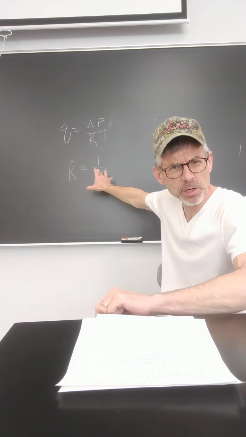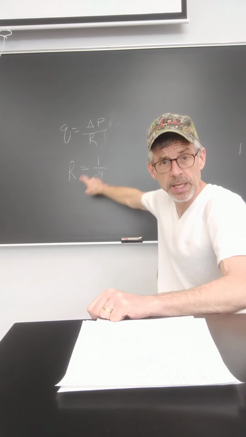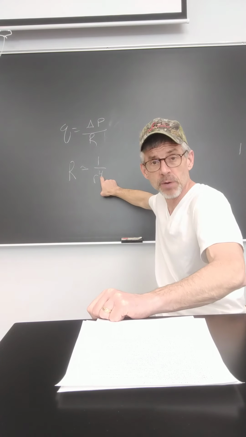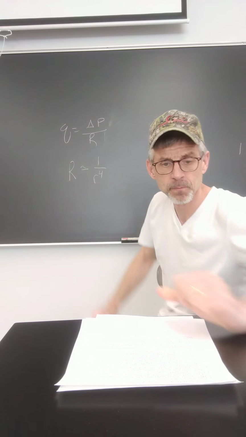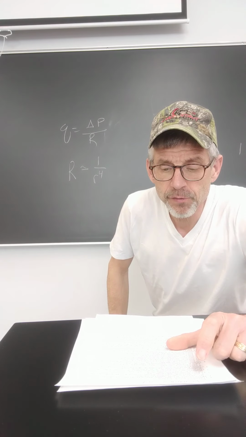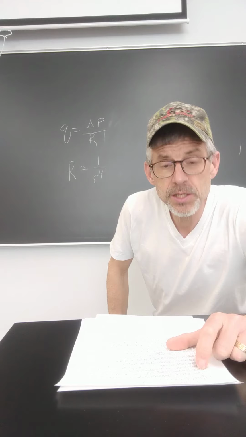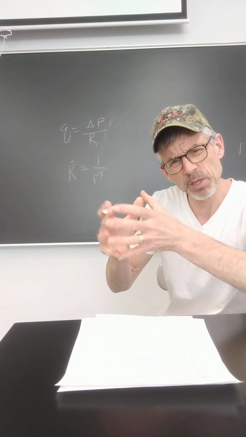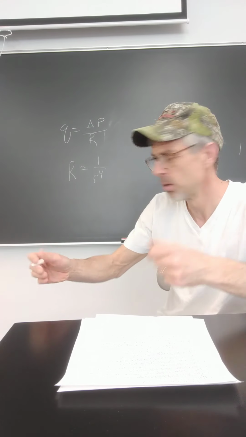I got rid of those other terms in the numerator from Poiseuille, and I just put 1 over radius to the 4th power. If the radius is doubled, the vessel becomes 2 times larger.